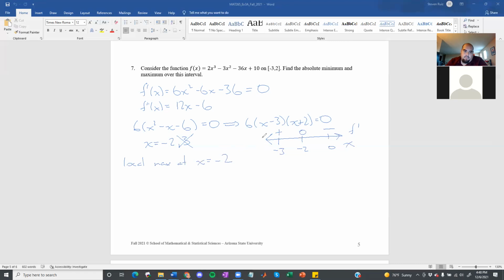Wait, shouldn't that just be the maximum though? Maybe. It's a local max, but where else? So you're looking for absolute minimum, absolute maximum. Those might happen at critical points, but where else might they show up?